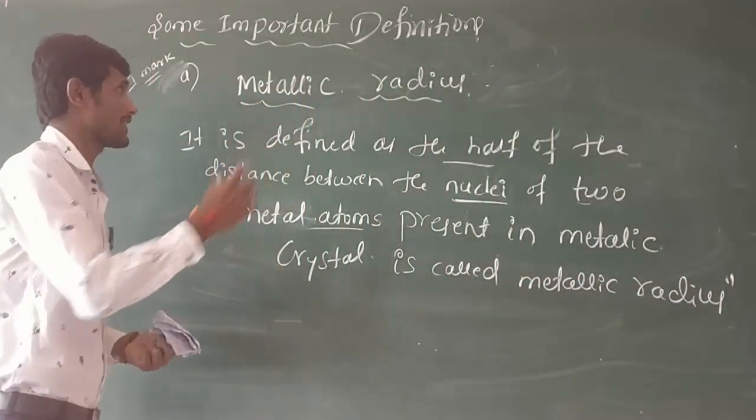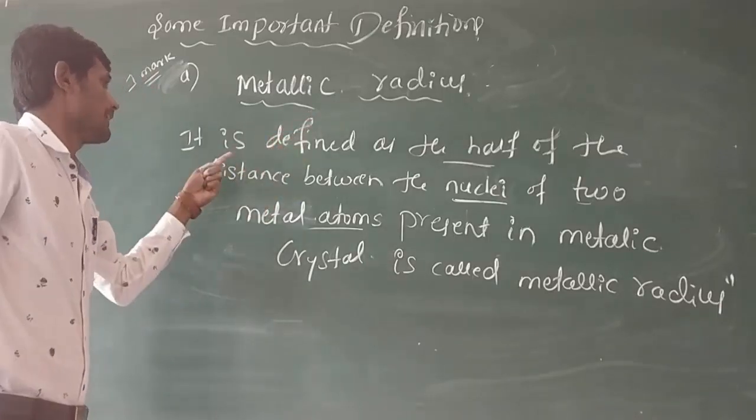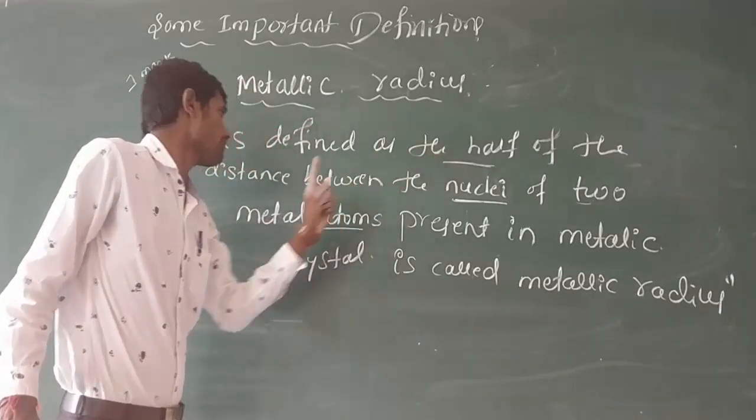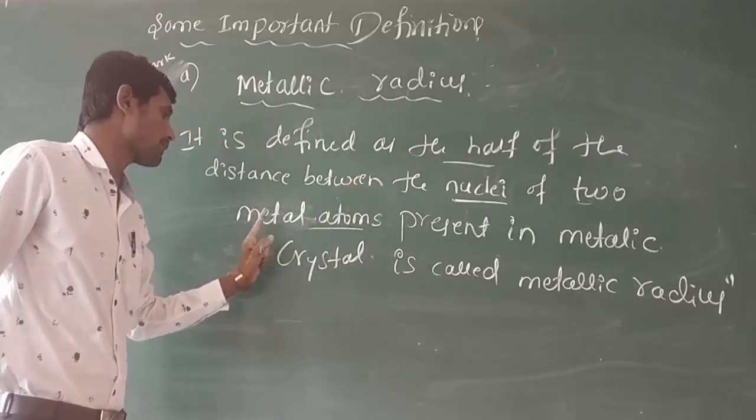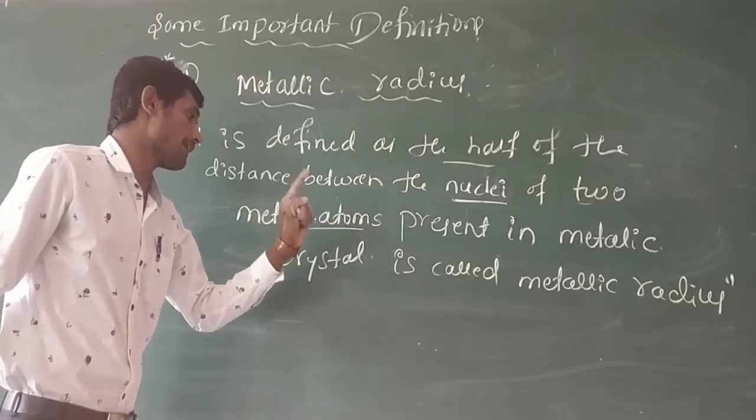See once again the definition of metallic radius. It is defined as half of the distance between the nuclei of two metal atoms present in a metallic crystal.